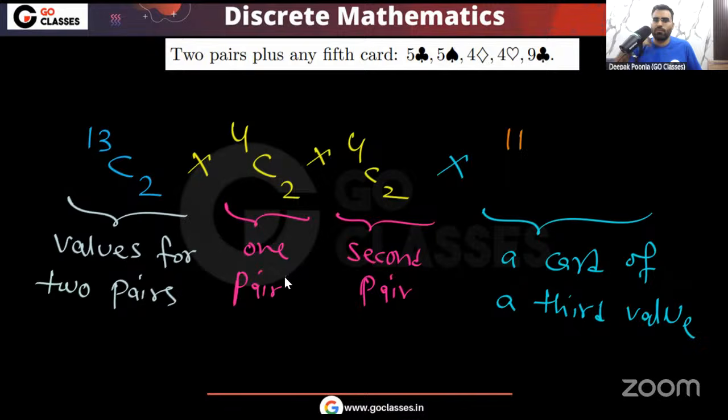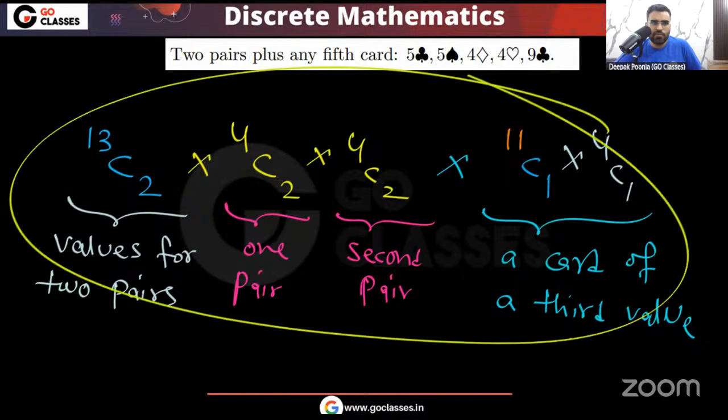From these 11 values you choose any one value, and for that value, out of 4, only one card I need. So that's it, this is the final answer.